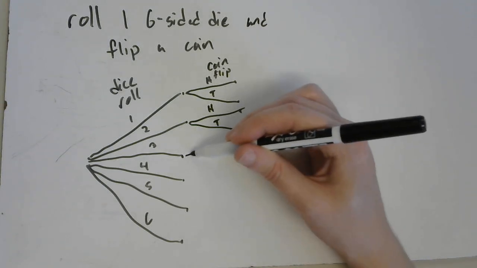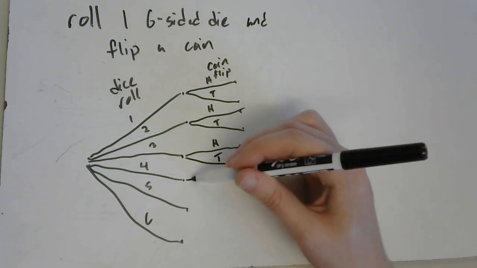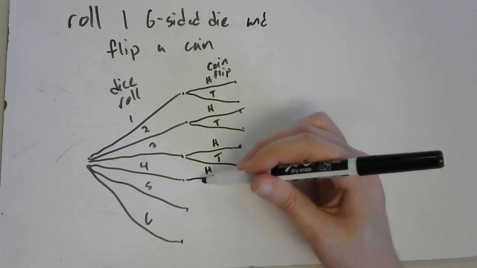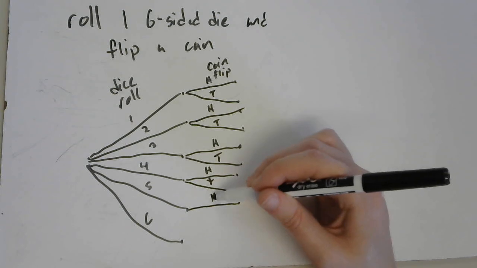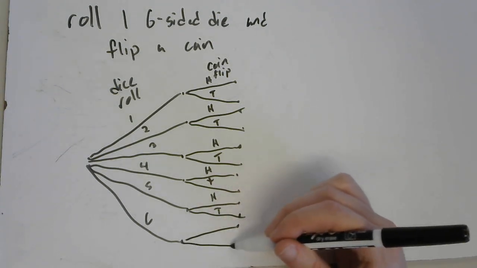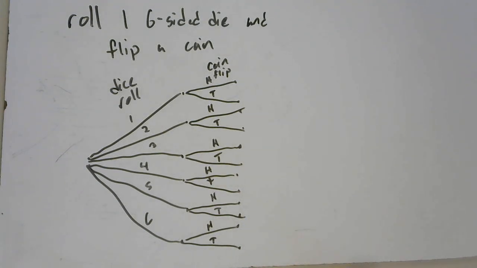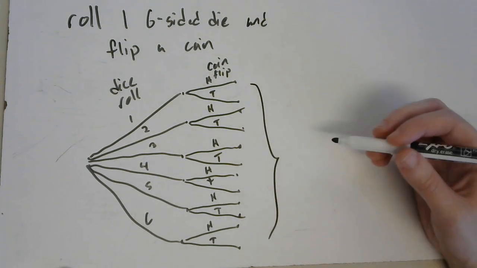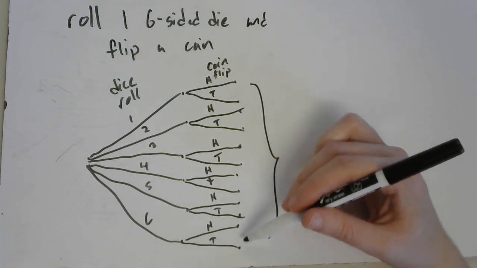So now I've got my tree diagram representing all possible outcomes for this dice roll and coin flip. I can count the number of possibilities, and that's going to get me 2, 4, 6, 8, 10, 12.